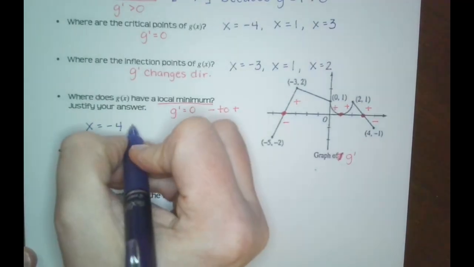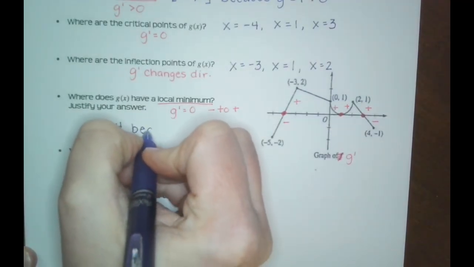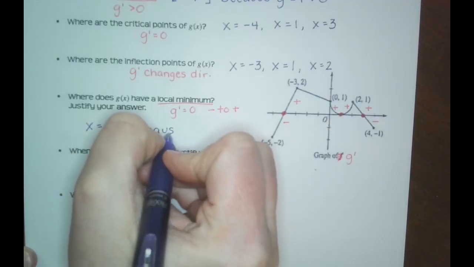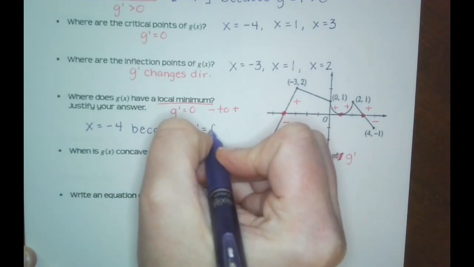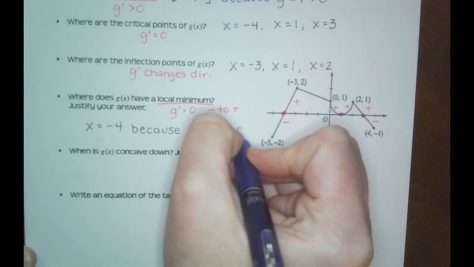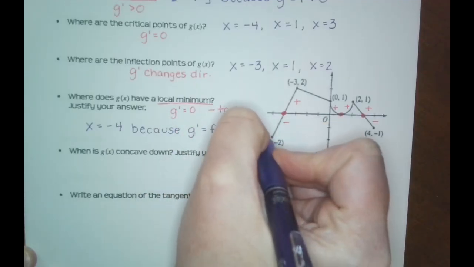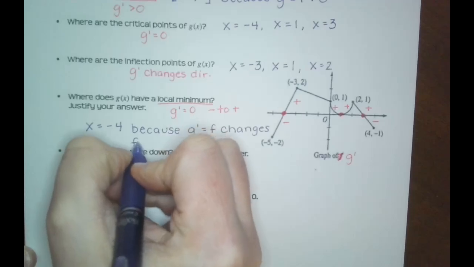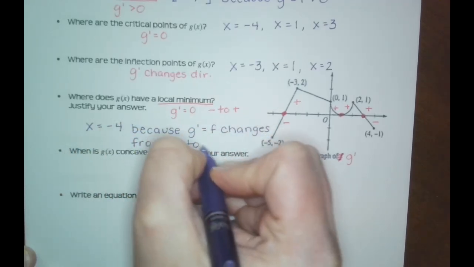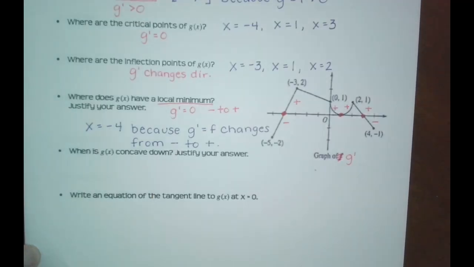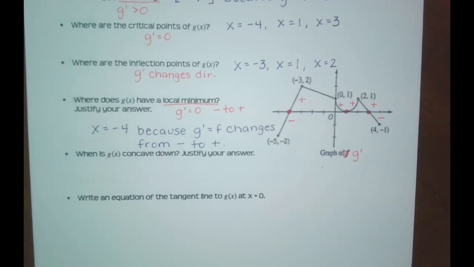So I'm going to say because G prime, which is F, changes from negative to positive. On the AP test, I think I would take the time to write those words out. For the sake of your notes, that should be okay.